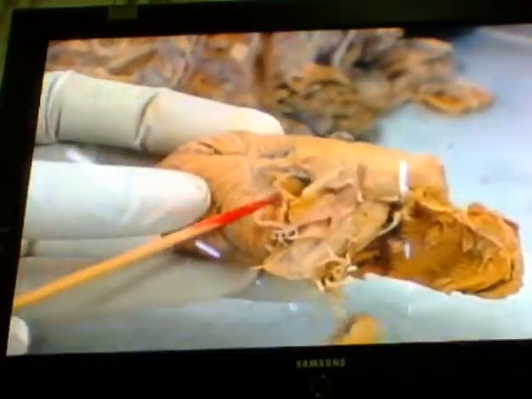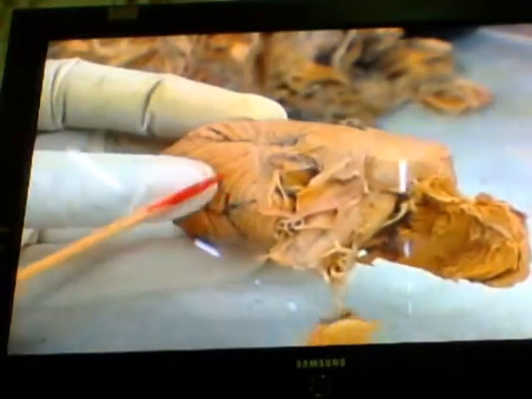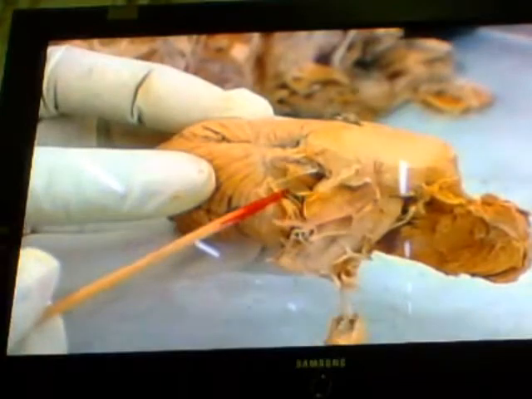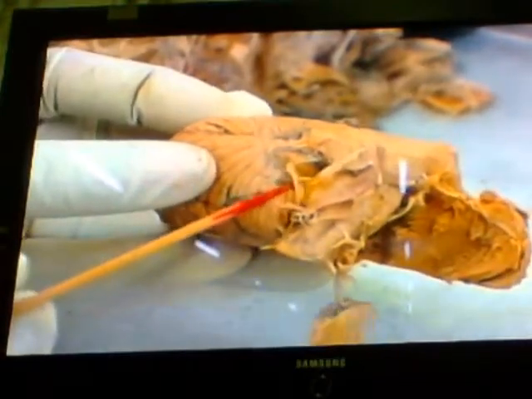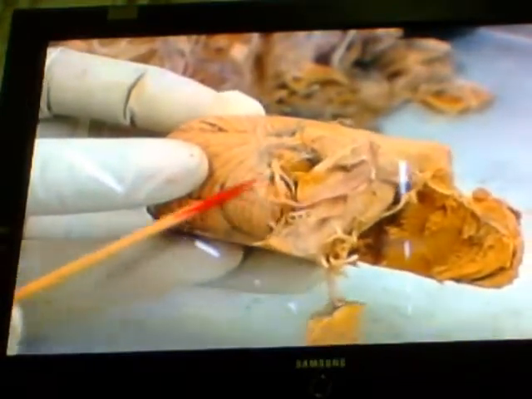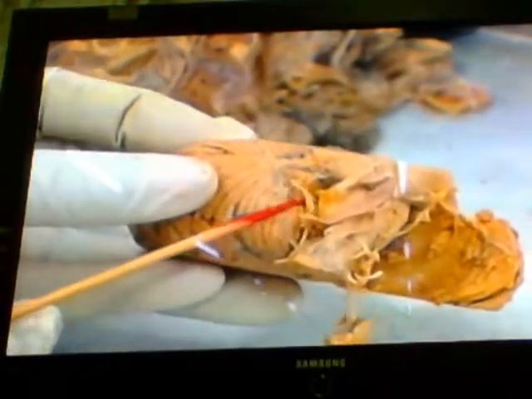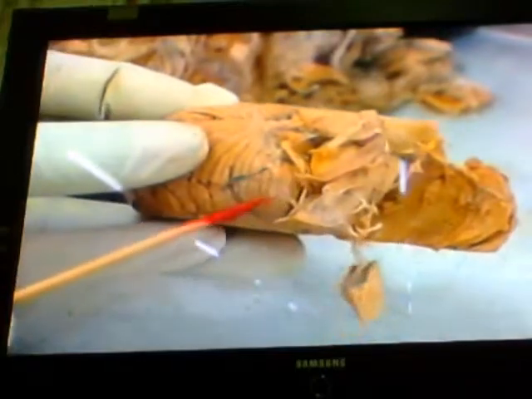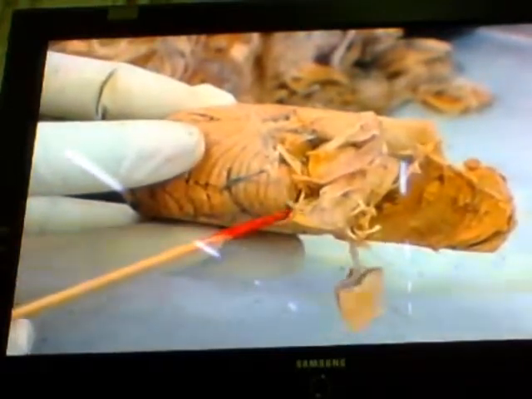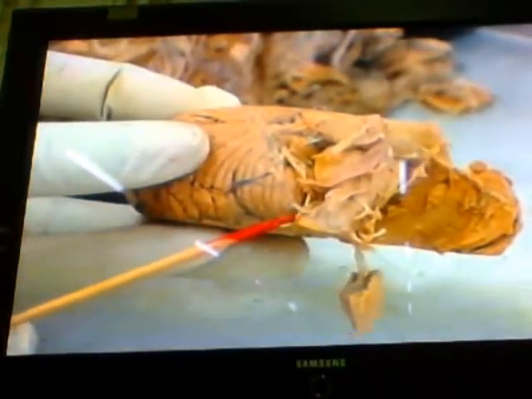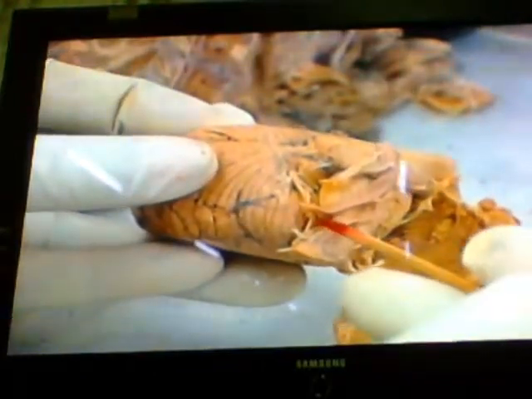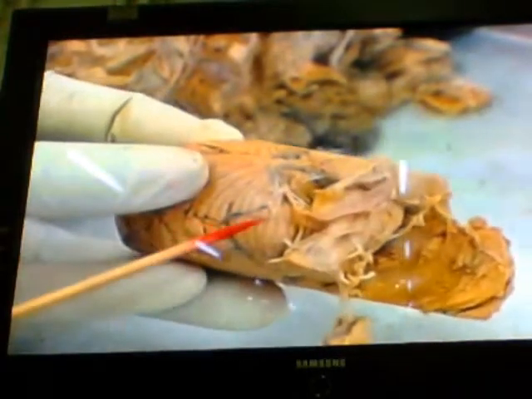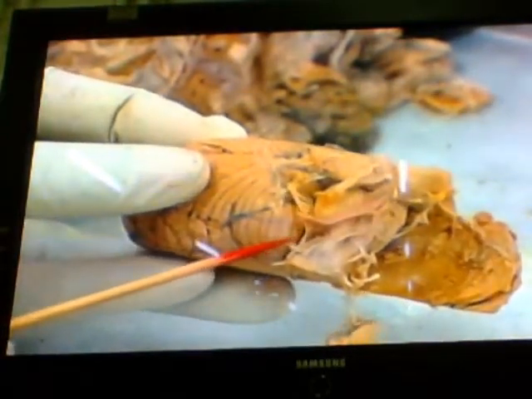Why is this fellow in the corner over here? What might this be?